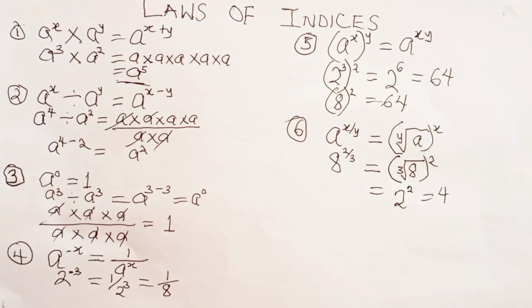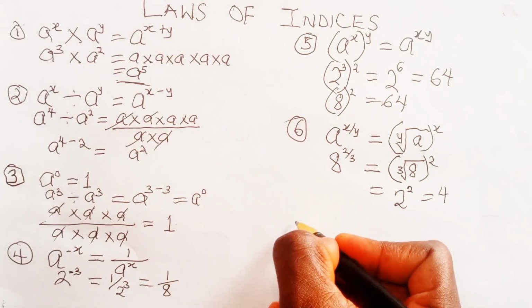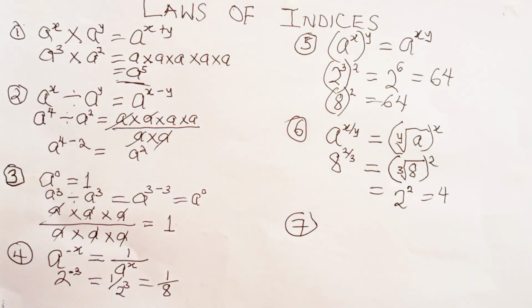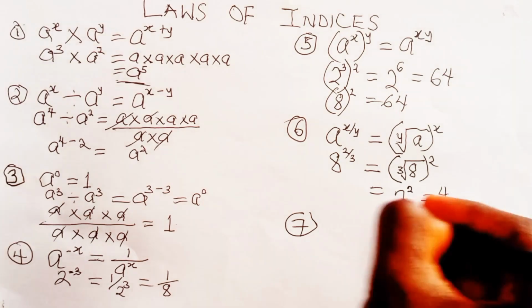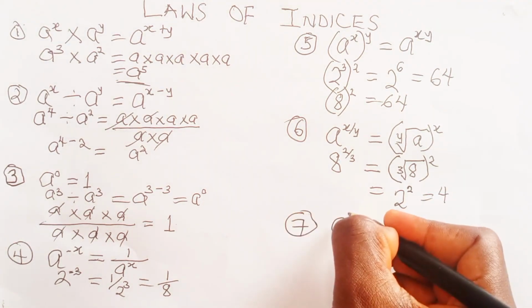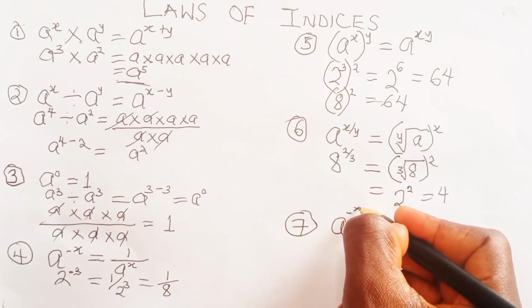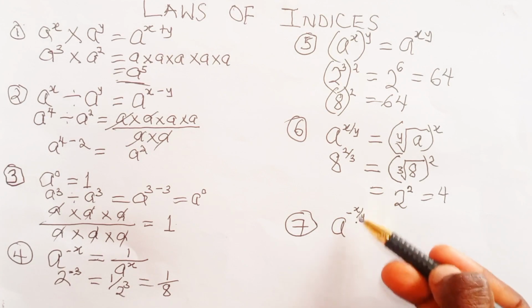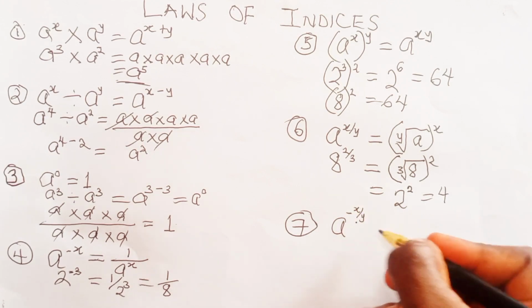So that's the example. Then the last law we are going to quickly look at is what we call numbers with negative fractional powers. You could be given a raised to power minus x over y. So notice I have a fraction as my power and also a negative sign.